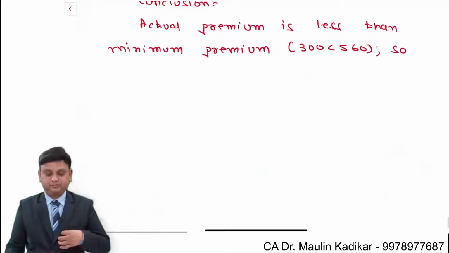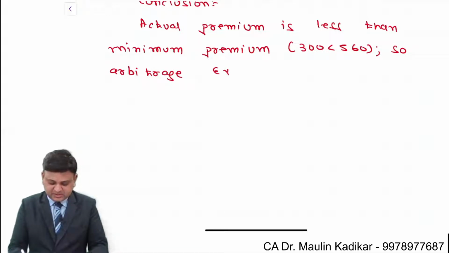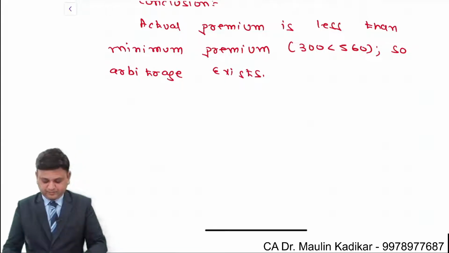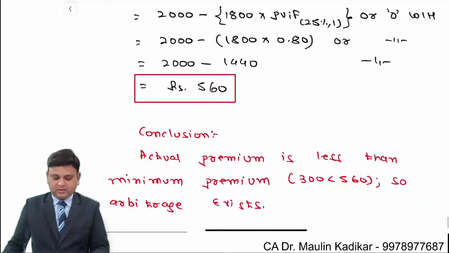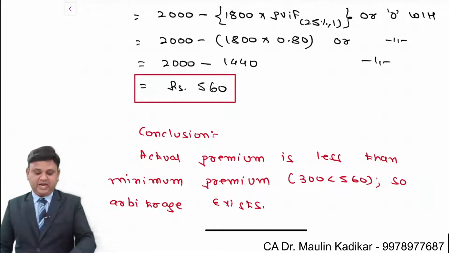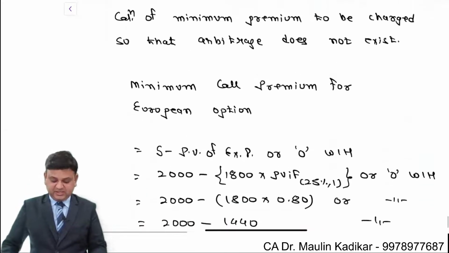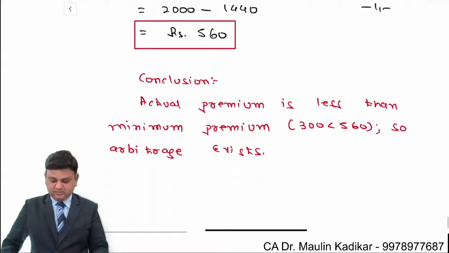So arbitrage exists. So the minimum premium that should be charged is 560. Actual premium is less than that. So arbitrage is existing. That is what we understand.